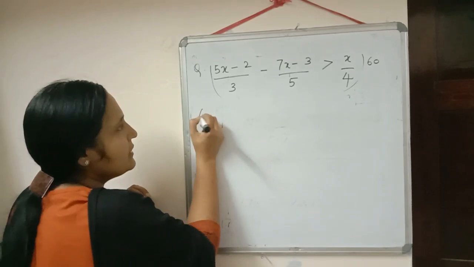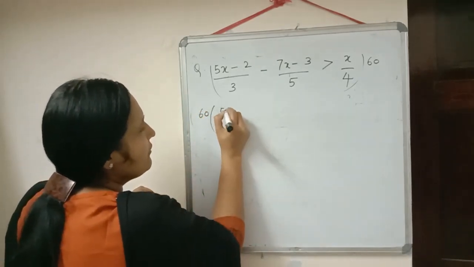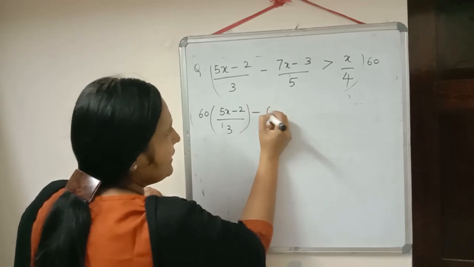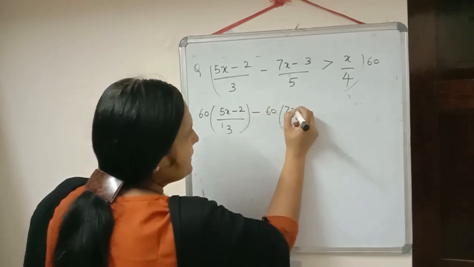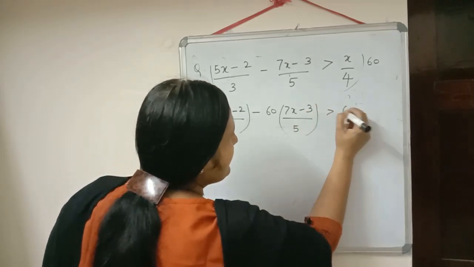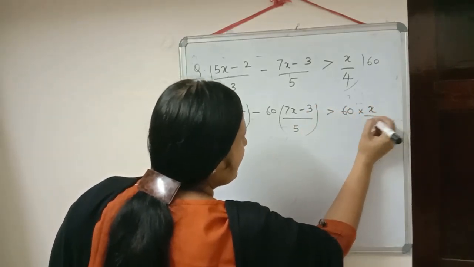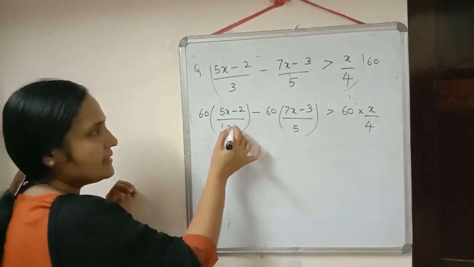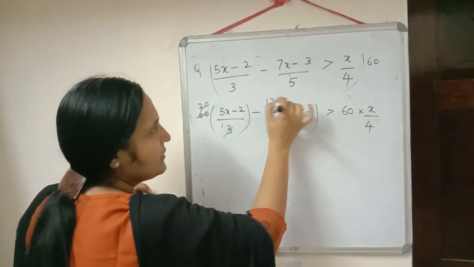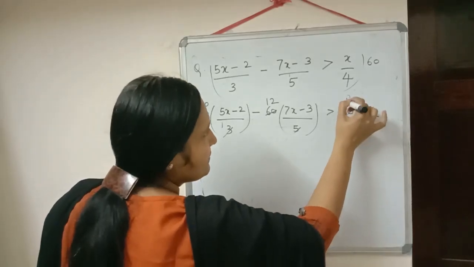Then it will be 60 into (5x minus 2)/3 minus 60 into (7x minus 3)/5 greater than 60 into x/4. Now cancel the terms here. 20 will come here, here it will be 12 and here we will get 15.